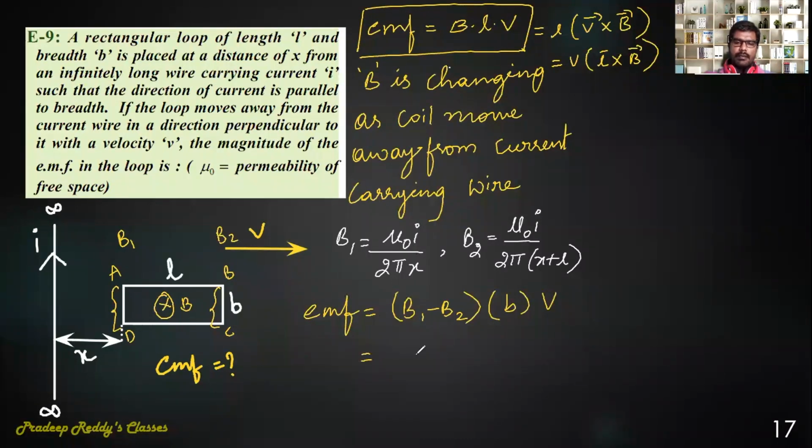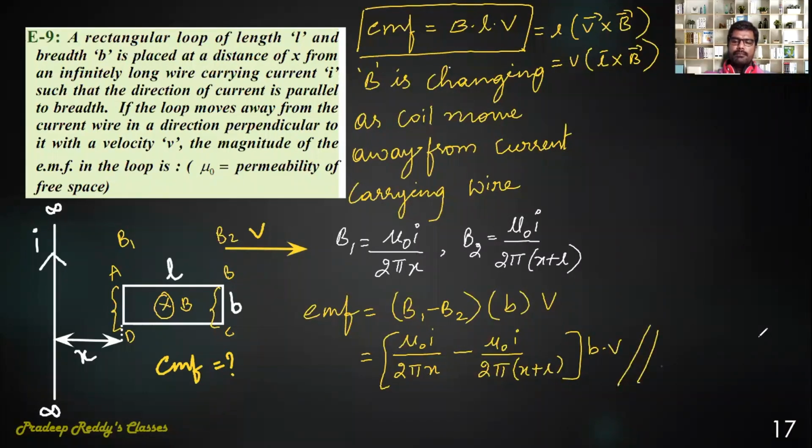What is B1? B1 can be written as mu naught I divided by 2 pi x minus mu naught I divided by 2 pi into x plus L, into breadth B into velocity V. This is the equation for EMF produced due to this current carrying conductor.